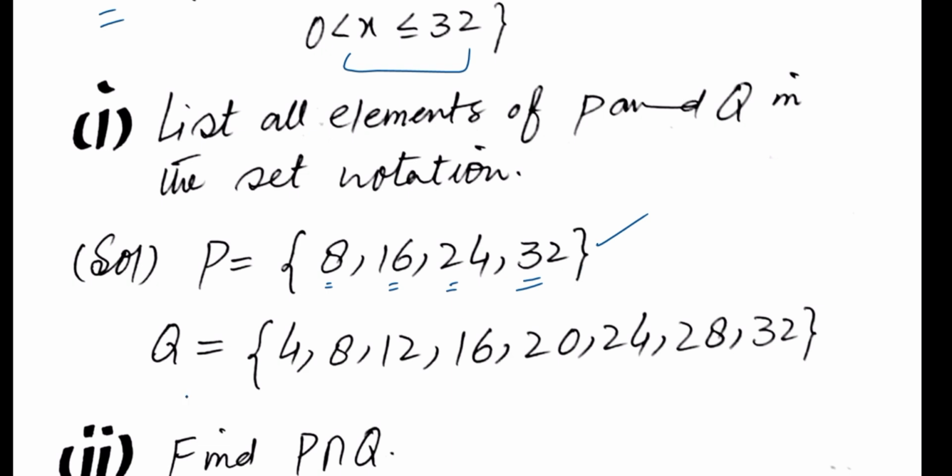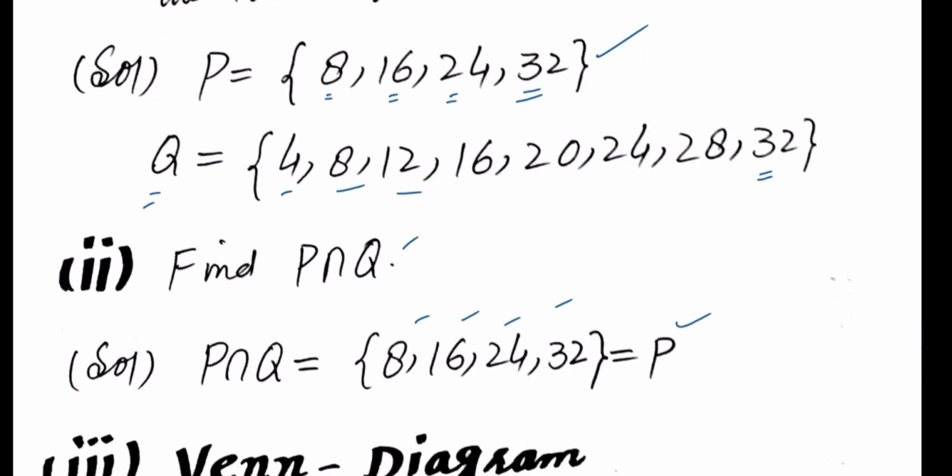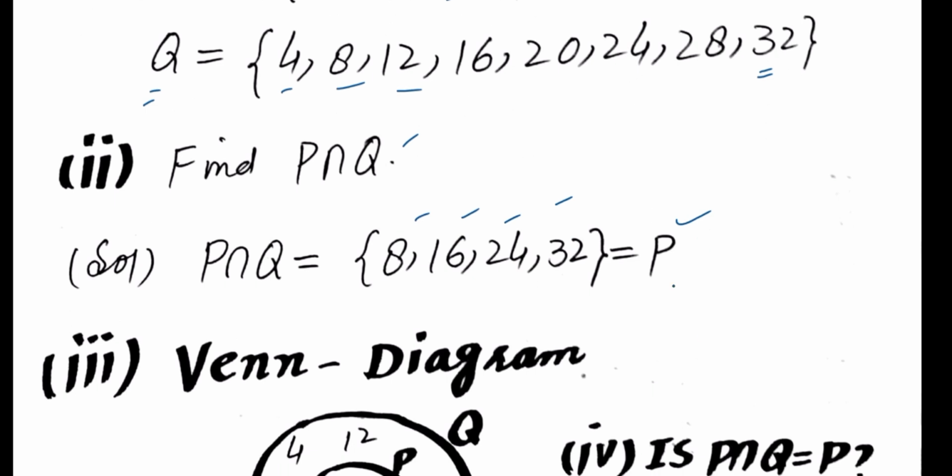Similarly, in set Q, all multiples of 4 are 4, 8, 12 up to 32. Find P intersection Q. For P intersection Q, the common elements are 8, 16, 24, 32, which is actually equal to P. So this is the case when one set is a proper subset of the other.